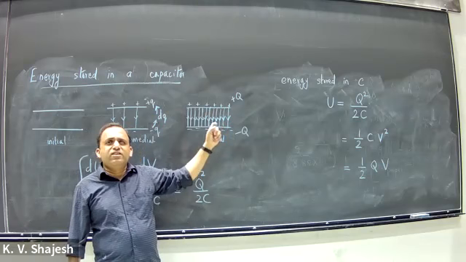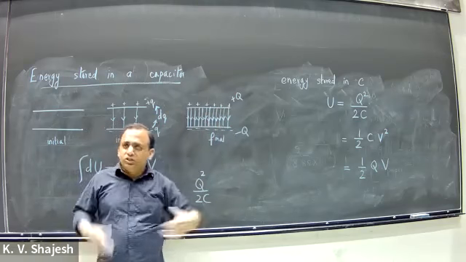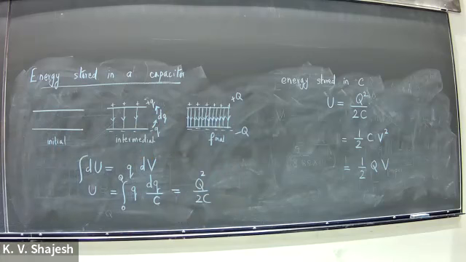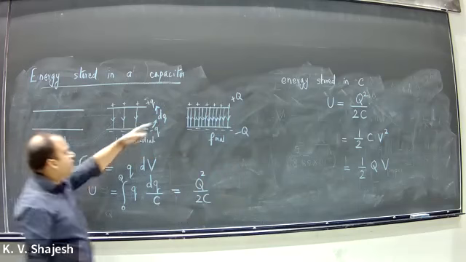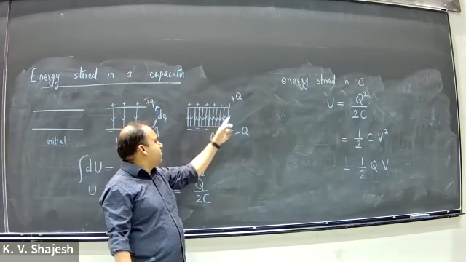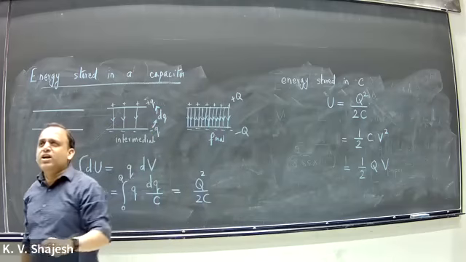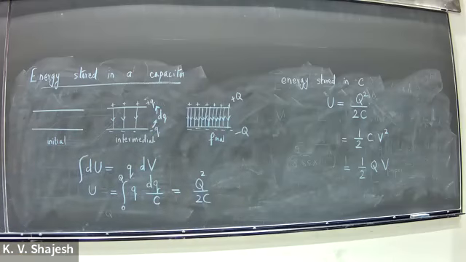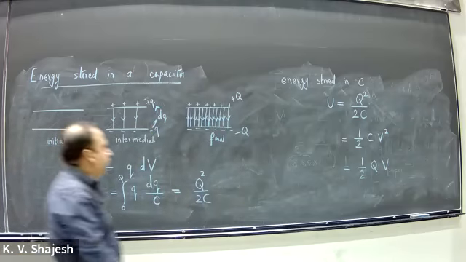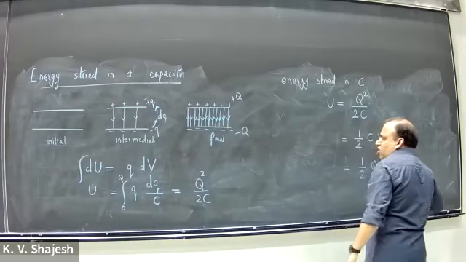It's not the charges. Charges are, of course, creating the electric field. In that sense, more charge is necessary. But where exactly is the energy? Is it on the plate? It is the electric field. Electric field is what has the energy in it. So let's check that out.